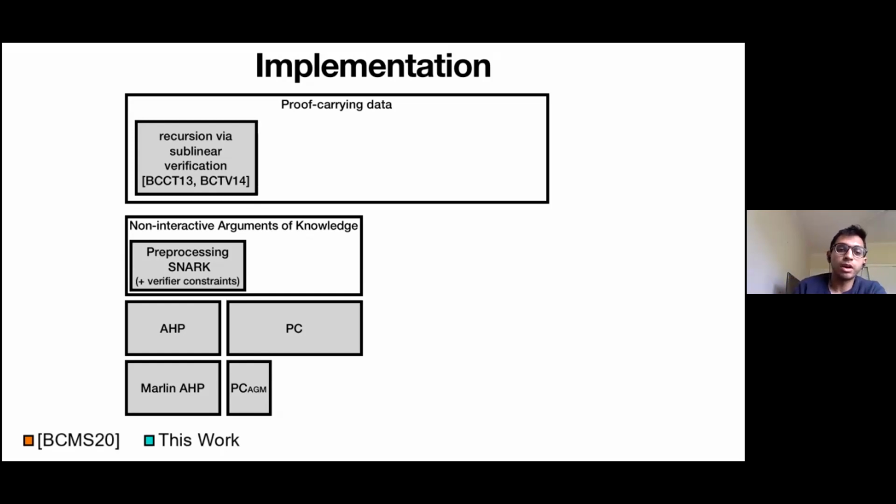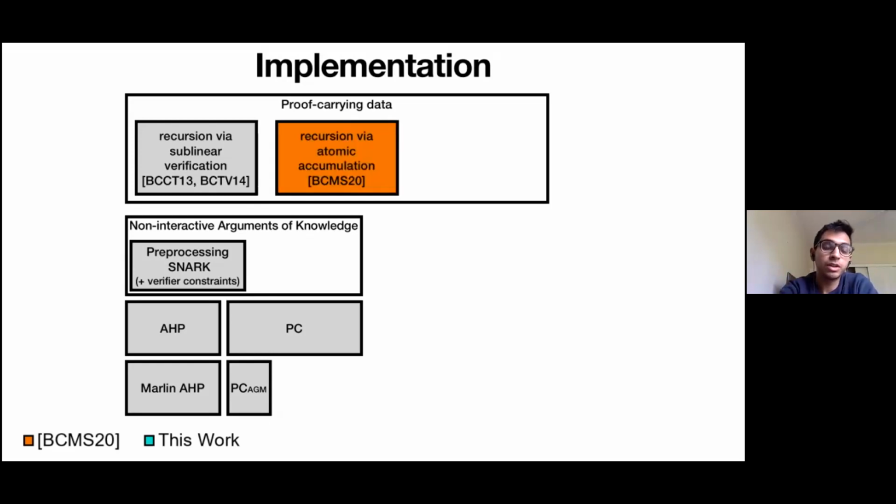Right, so this is not part of this work, but part of another part of my work, I guess. Then, as part of this work, we implemented both of the recursion constructions based on accumulation: atomic accumulation as well as split accumulation.